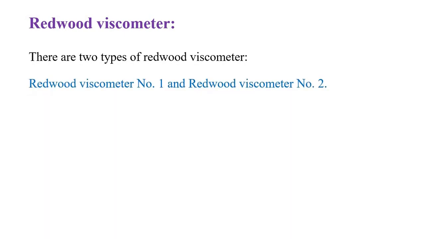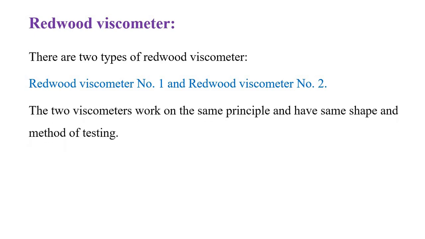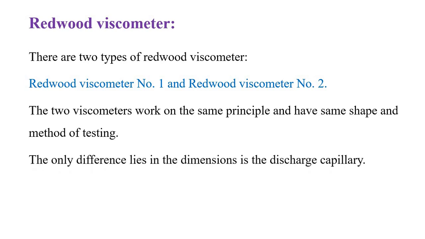So what is this Redwood viscometer? There are two types of Redwood viscometer: Redwood viscometer number 1 and Redwood viscometer number 2. These two viscometers work on the same principle. They have the same shape and method of testing. The difference between these two viscometers is because of the discharge capillary dimension, that is, how much oil is discharged with the help of the capillary.